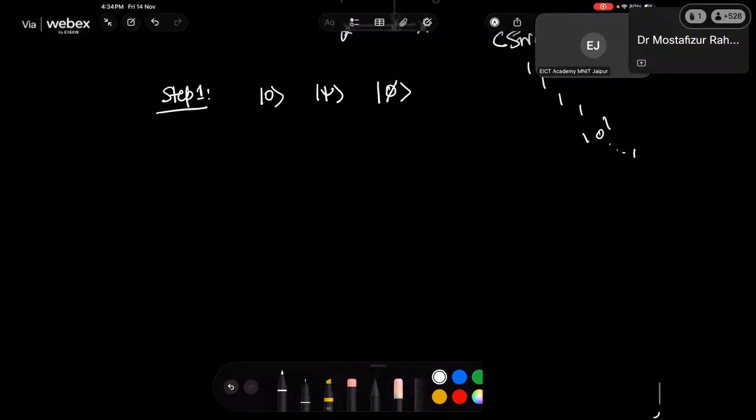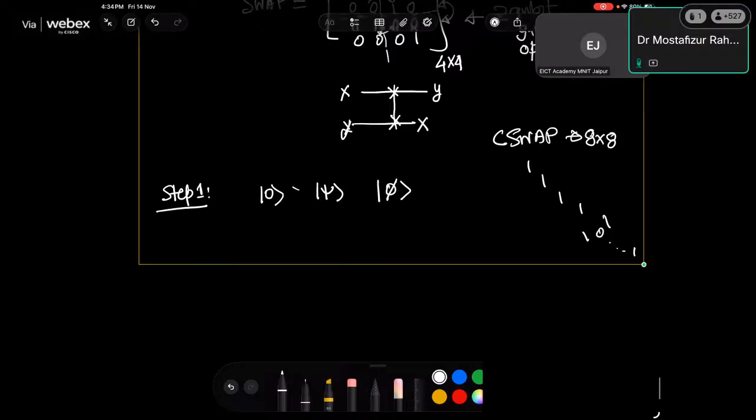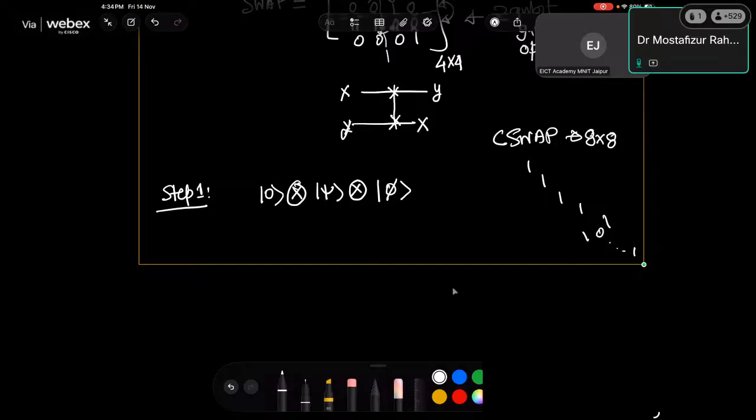So now I have three registers, 0, psi, and phi, and if they are together, I need to do the tensor product between them, right? This is my first step. I won't do anything above this.